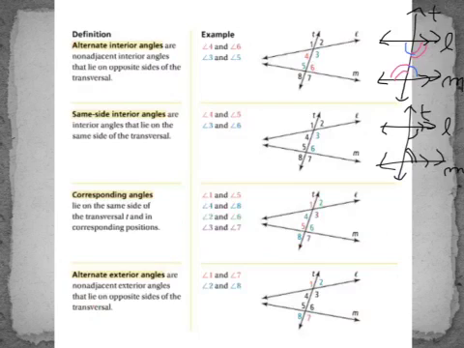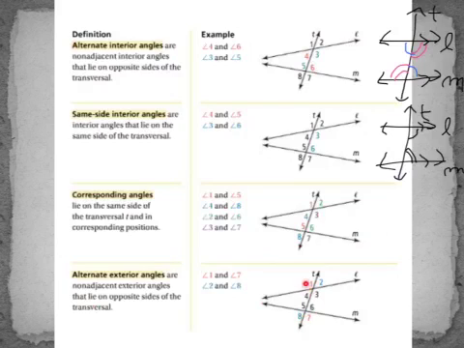The only time you can assume anything about the measures is if you're given that two things are lines. So let's say you're given line L and line M. You can use vertical angles. So you would be able to say 1 is congruent to 3 and 2 is congruent to 4. Since we also know that this is line L, you can also say that 1 is supplementary to 2. 2 is supplementary to 3 because we know that T is a line.